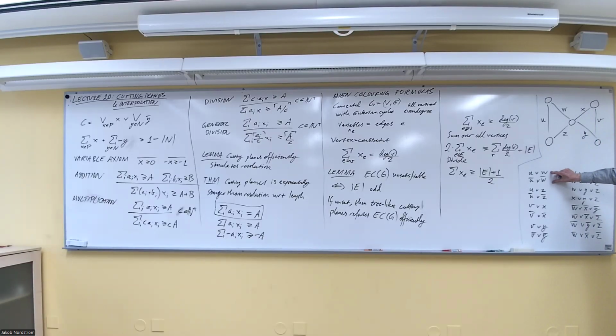Then these 2 clauses say that this vertex wants to see one of these true. Down here, this vertex wants to see one of u and z true, etc. Over on the right-hand side, this vertex wants to see exactly 2 of w, x, y, and z true. These 4 clauses say that at least 2 of them are true, and these 4 clauses say that at least 2 of them are false.